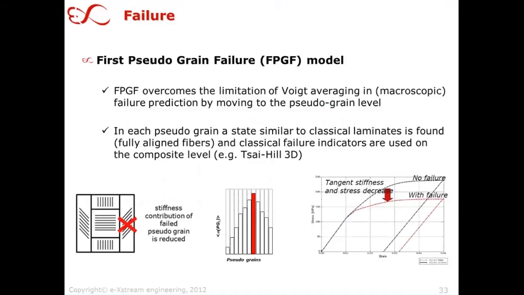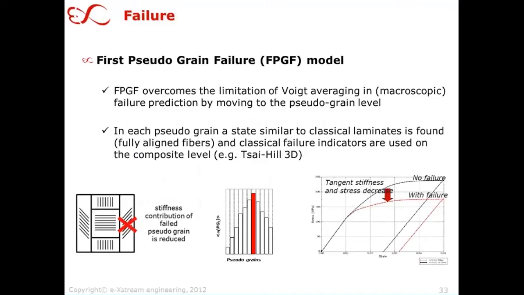So you see there is a large background for the material properties, so for stiffness prediction, and let's now turn to failure. As I said, failure is also located on the pseudograin level, if you like, in DIGIMAT. We have the classic failure, which is coming from the macroscopic level, but it's very well known that this is only a very coarse assumption if you want to deal with failure for short fiber reinforcement.